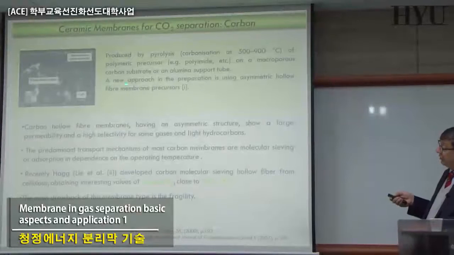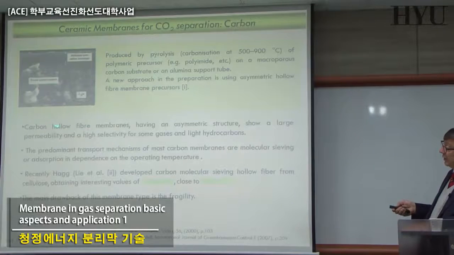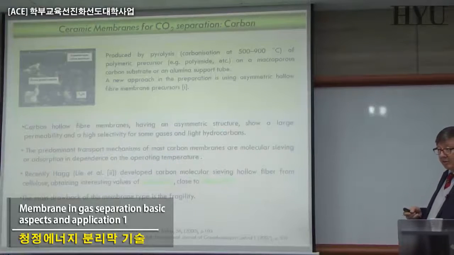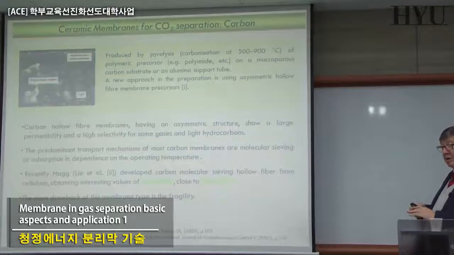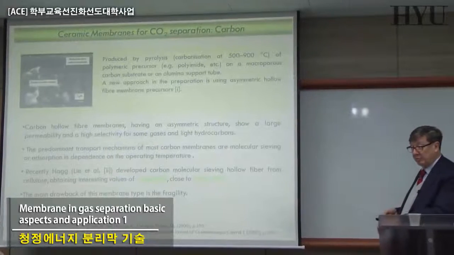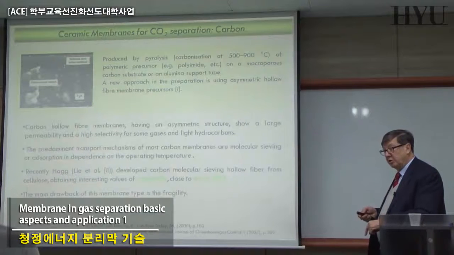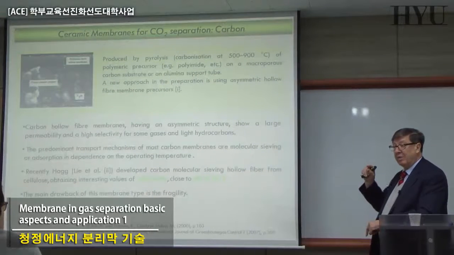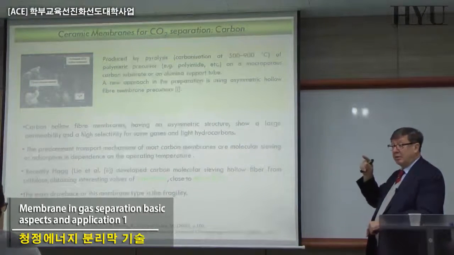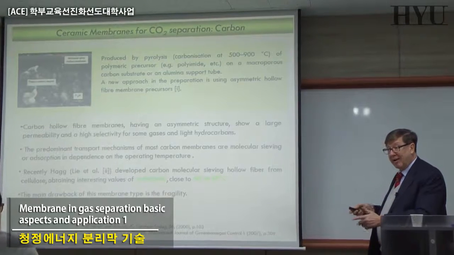These materials are also interesting because today, in this way, you can have an asymmetric structure. When you are preparing a zeolite or some other inorganic, normally you have a homogeneous, not asymmetric, structure, which means that, as you know from our equation, by increasing the thickness of the membrane you are decreasing the transmembrane flux.